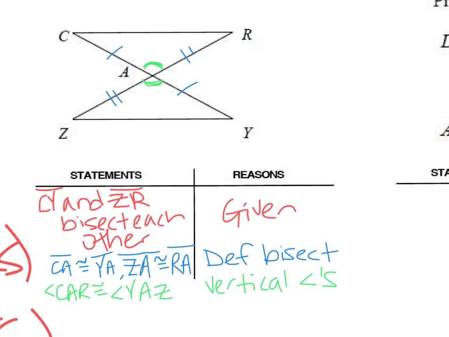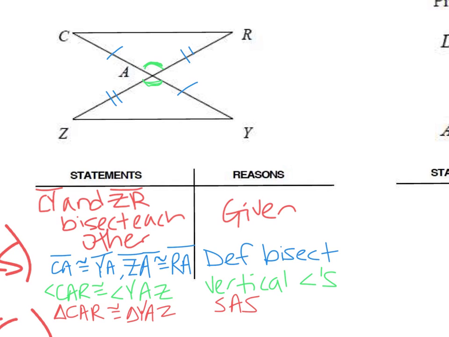Now let's look at what I have. Both triangles have side angle side, so I can conclude that triangle CAR is congruent to triangle YAZ, and the theorem is side angle side. And I'm done with that proof.